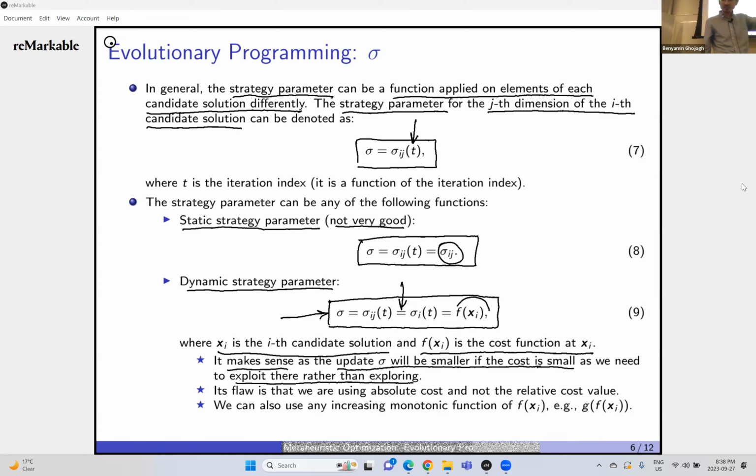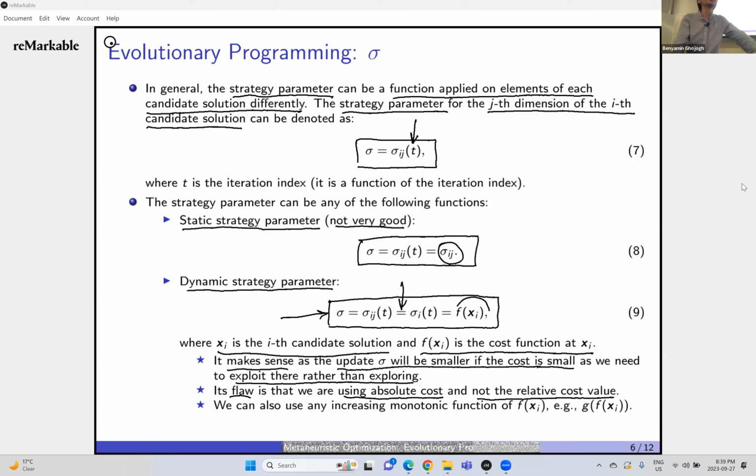So let me set sigma to be the cost value at that point. If the cost is small, sigma is also small, my jump is small, so I exploit. If cost is large, my sigma is large, my jump is large, I explore rather than exploit. Okay. But it has a flaw. Its flaw is that we are using absolute cost and not the relative cost value, right?